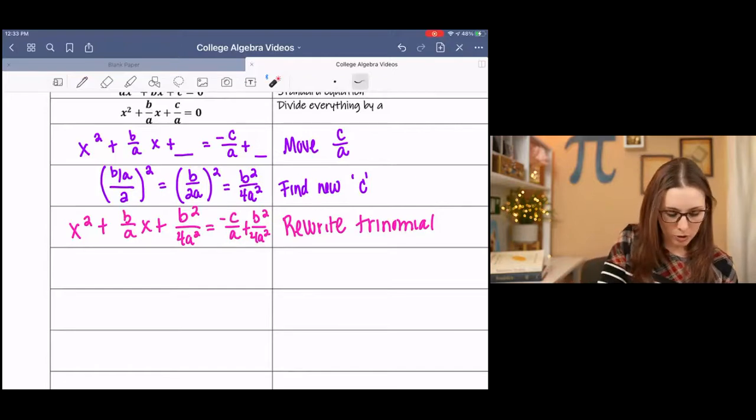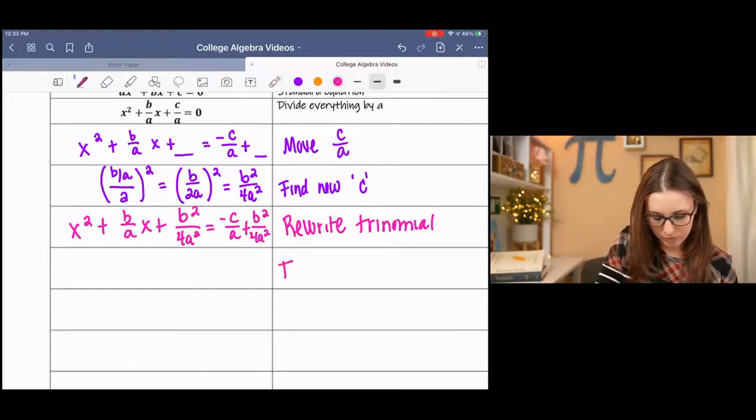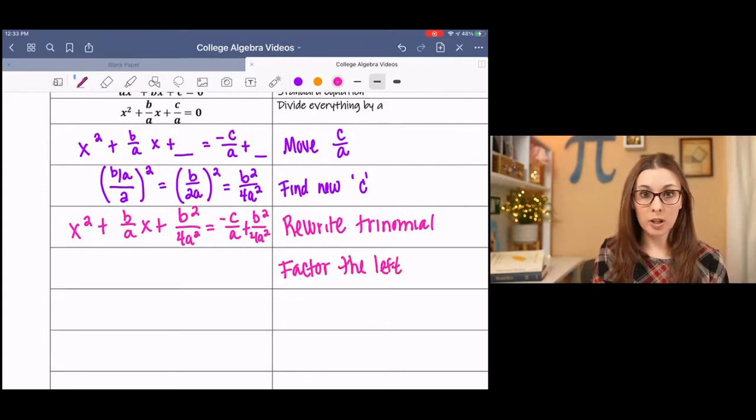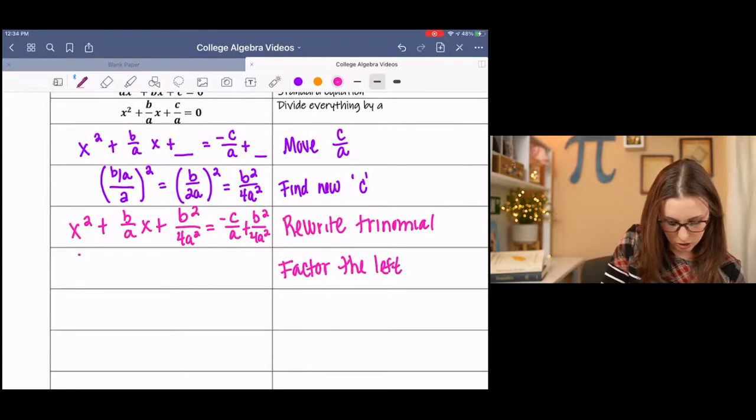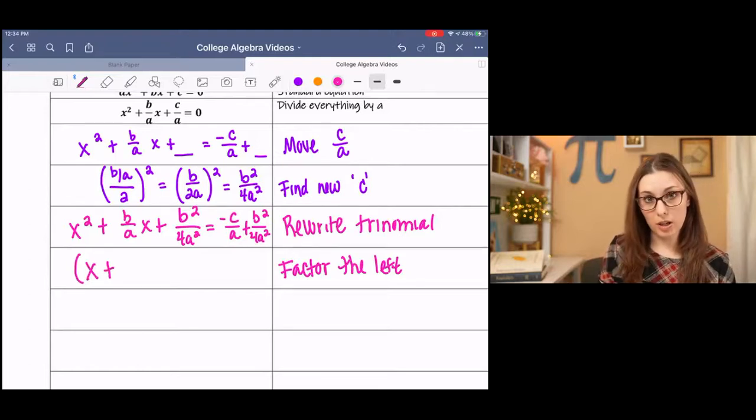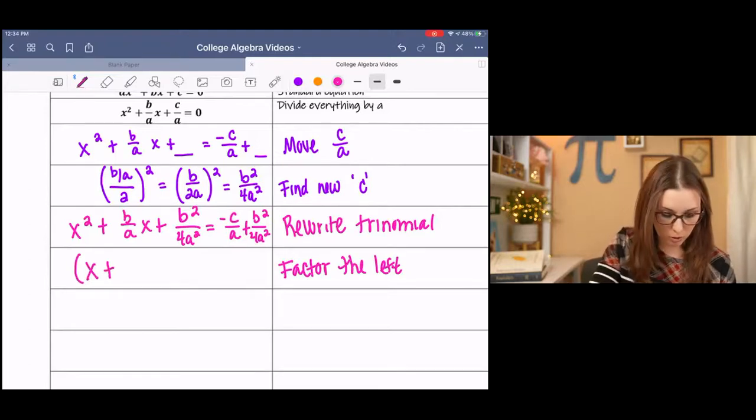And now I'm going to factor the left side. And we know that to factor that, it's going to factor into x plus b over 2. And in this case, b over 2 looks like this.